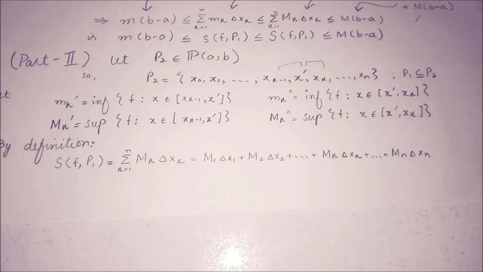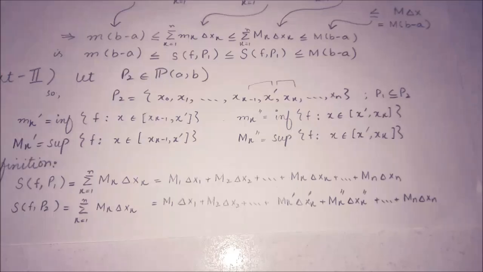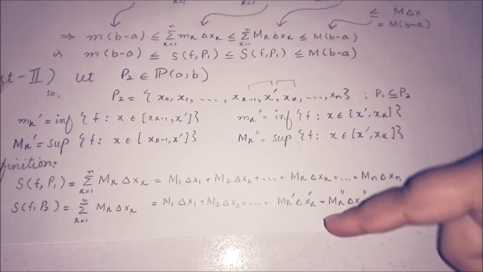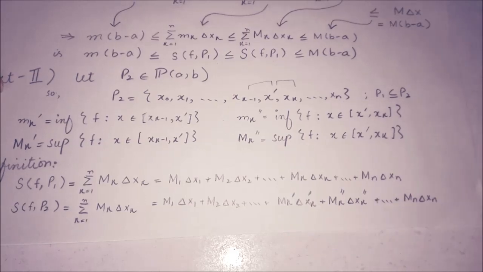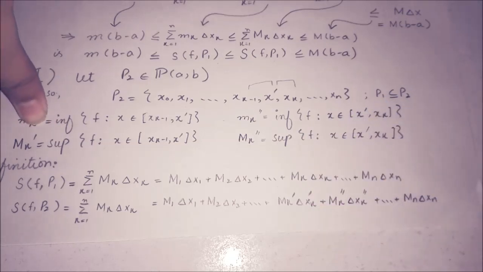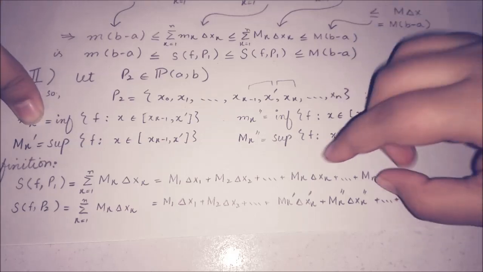Now look, if we write the Riemann upper sum for this partition p2, then as we have added this point x dash in this interval, by using this notation we will have two products, Mk prime delta xk prime plus Mk double prime delta xk double prime, that are different from partition p1. So if we subtract both of them, it is obvious that we are left with Mk delta xk minus Mk prime delta xk prime minus Mk double prime delta xk double prime. Again, if we subtract, we are left with these three terms.